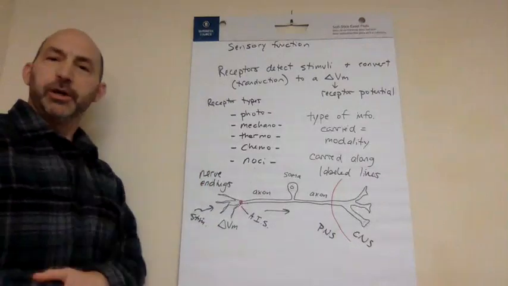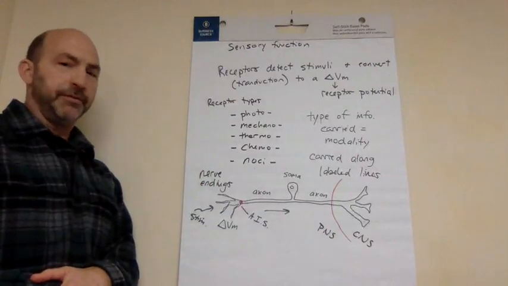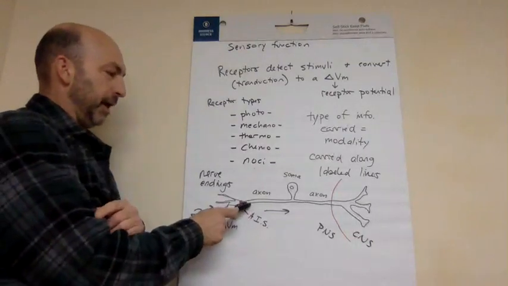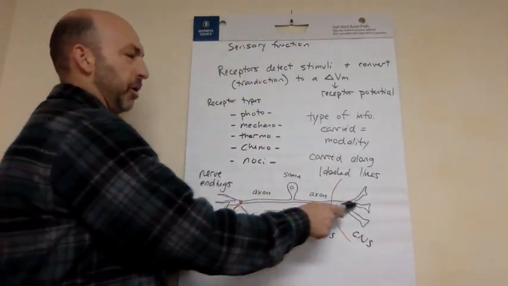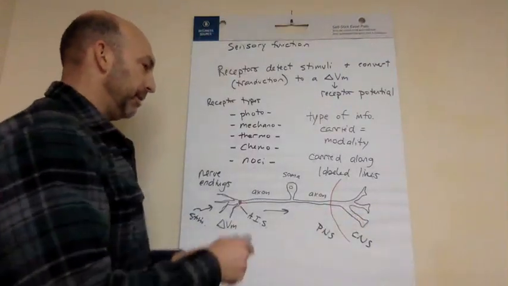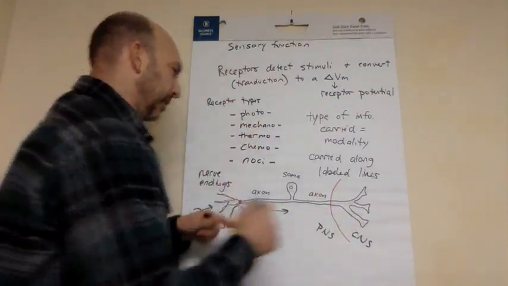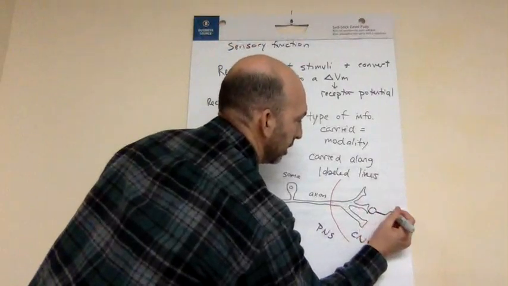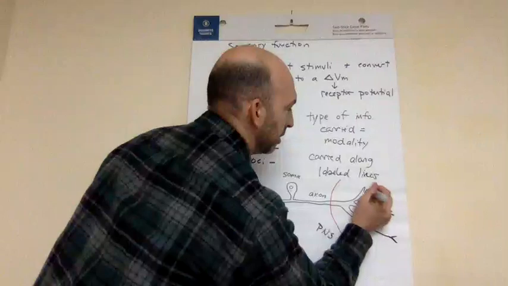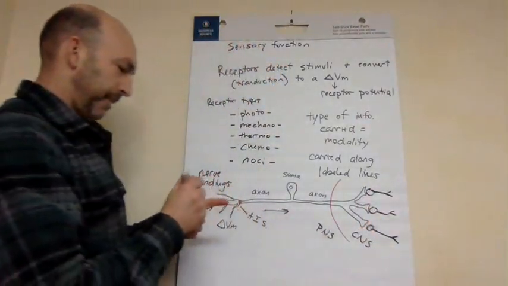If we don't reach threshold, nothing: you have no perception of whatever this stimulus was. If you do reach threshold, you now generate action potentials. They'll travel all the way to the end here, into the CNS, to the synapses, and then we could add interneurons going off and synapsing on whatever they're synapsing on.